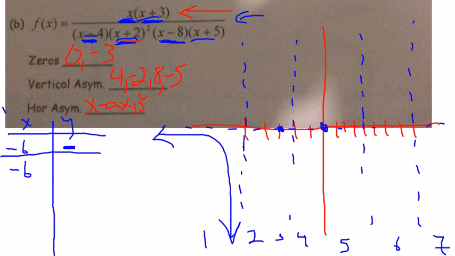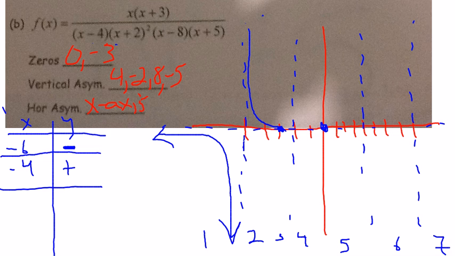Negative 1, negative 2, negative, positive, negative. That's 4 negatives, and this one's positive. So that means I get a plus. So this goes like that. Next, what was wrong with me? This is not negative 6, I plugged in negative 4.